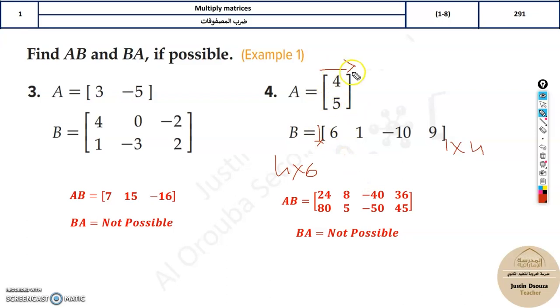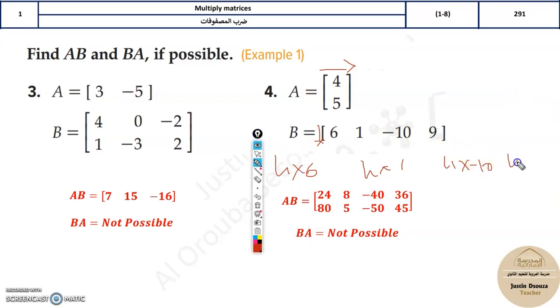This and this, and over here 4 times 1, 4 times -10, 4 times 9. And same with this goes over here and over here, all the 4. You need to multiply it with 5 times 6, 5 times 1, 5 times -50, and so on.